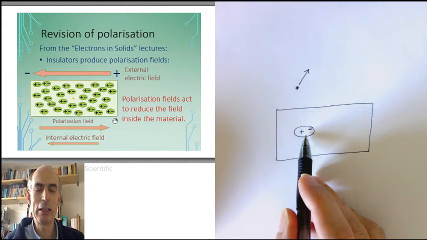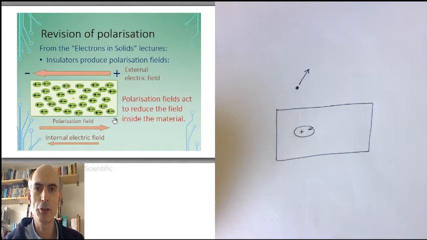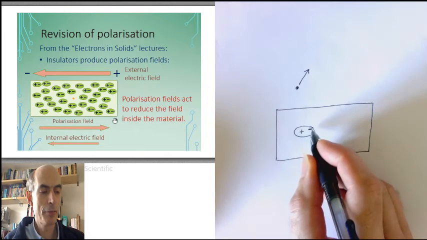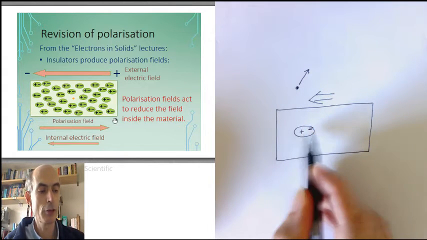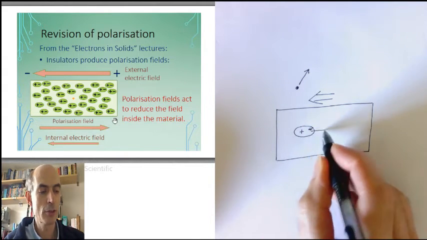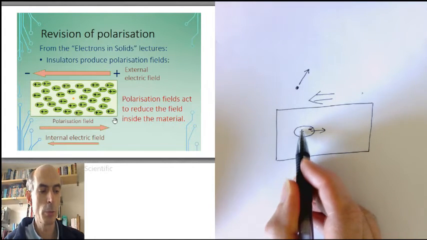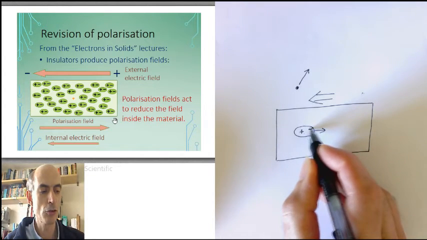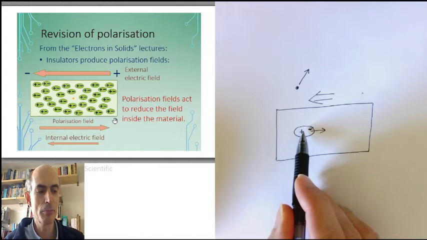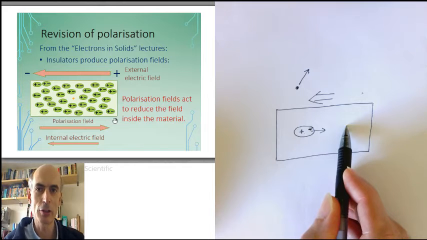We know it's not particularly accurate these days, but it will do as a good explanation of why polarisation works in capacitors. If you put on an external electric field, then the negatively charged electrons will be attracted to the source of the electric field, and the positively charged nuclei will be repelled from the source of the electric field, so the electrons will start on average to move a little bit towards the source of the electric field.